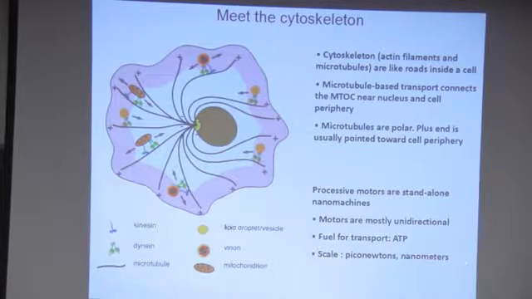And from a physicist's perspective, one of the most interesting things about this also is that these motors work step by step. Right, 8 nanometers is the periodicity, so they take 8 nanometer steps typically, and they can produce force on the order of a few piconewtons, maybe 1 piconewton. So when you think about the energy scale associated with the work being done per step, it's not that far from kT.